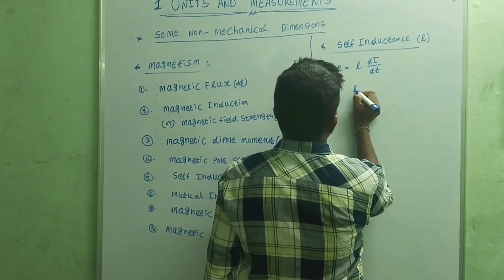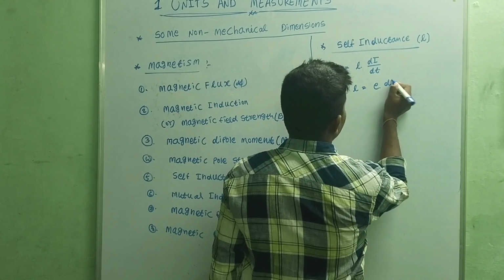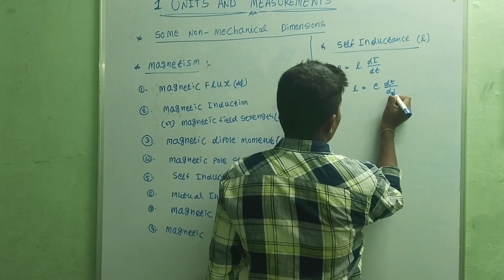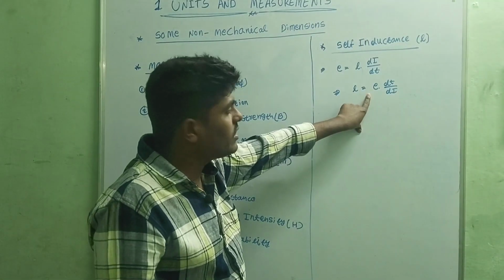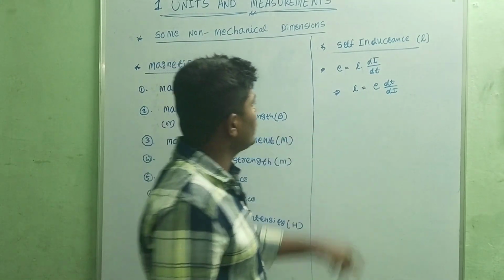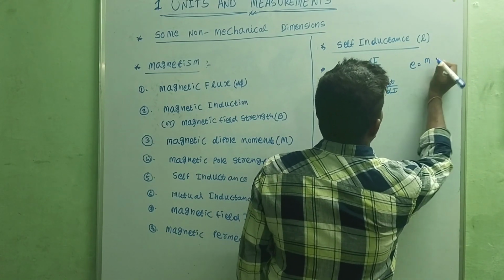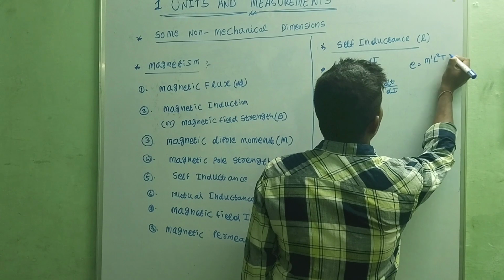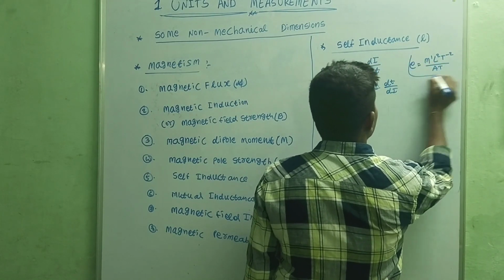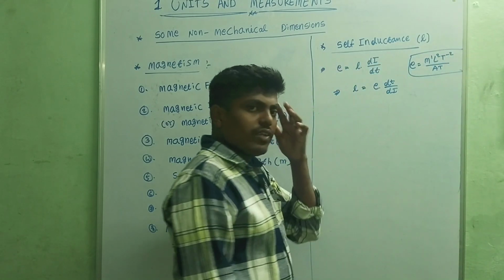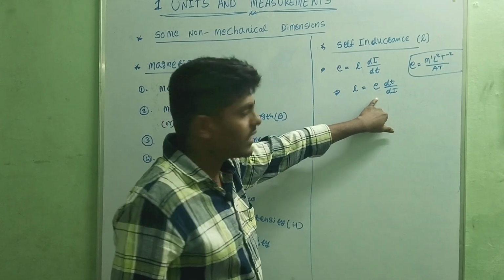So L equal to E into dt by di. Already we know the dimensions of EMF, E equal to M1 L2 T minus 2 by AT. Now we can substitute this E value in this equation directly.